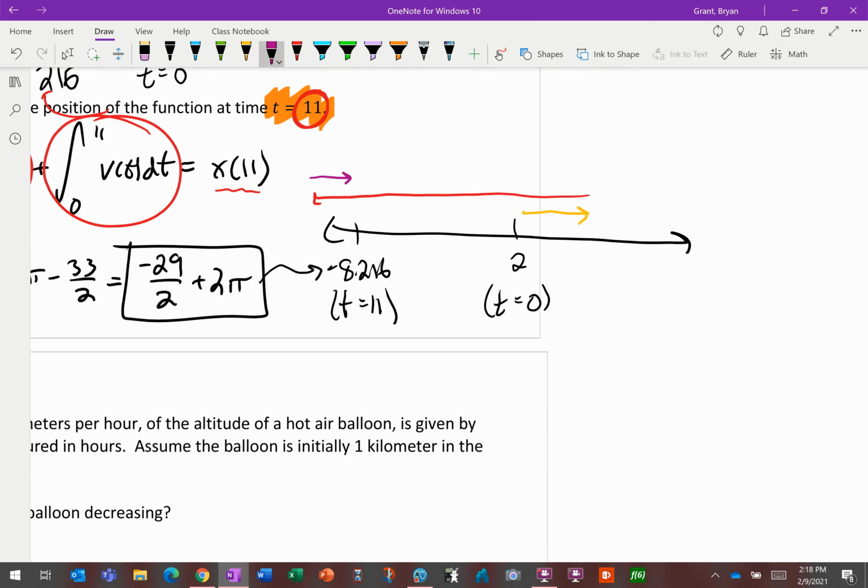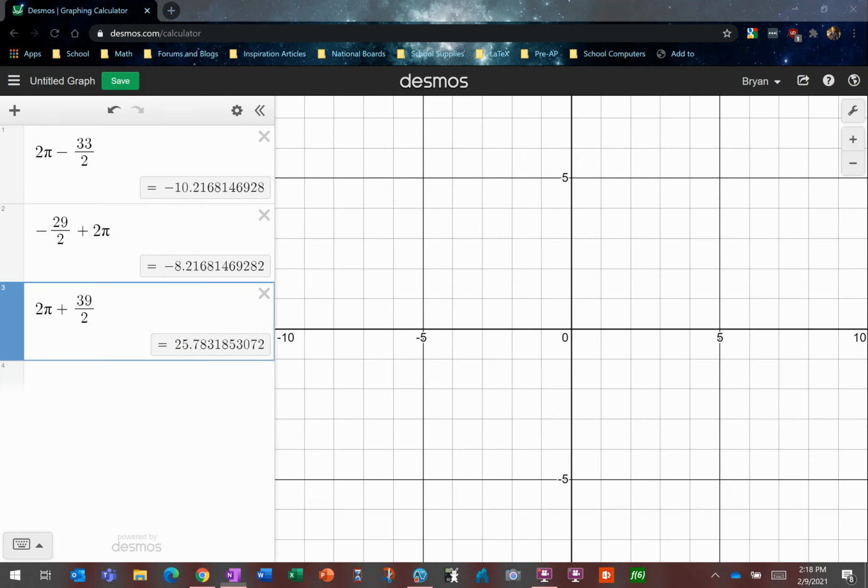If you sum up all three of those lines on there, if you sum up the yellow, the red, and the purple, that will tell us the total distance that we traveled. So from a time of 0 to a time of 11, we traveled 25.783 total units.